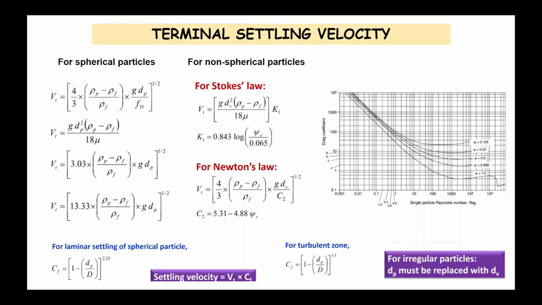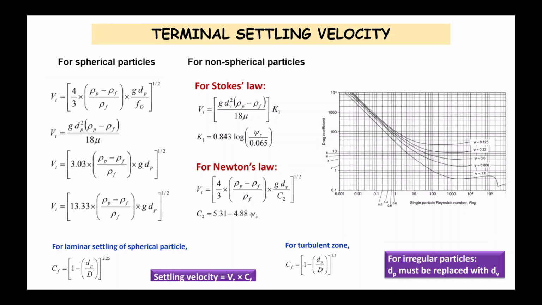Now, in case the Reynolds number is more, that is, between 10 power 4 to 10 power 5, then you will use Newton's law. So here also you will have a factor of C2, and dP will be replaced by dV, and C2 is represented as C2 equal to 5.31 minus 4.88 phi s. This is in case of non-spherical particles.